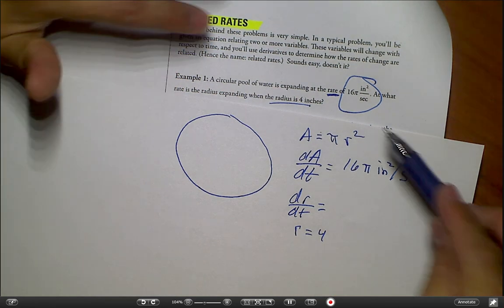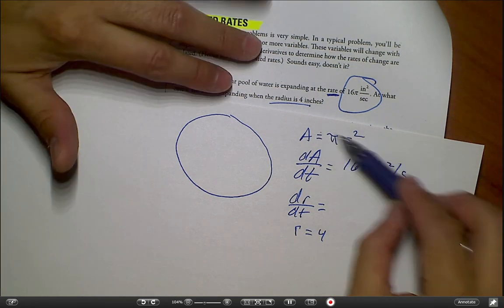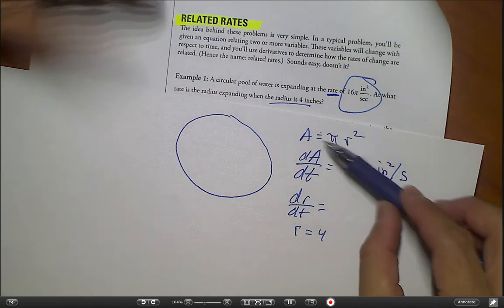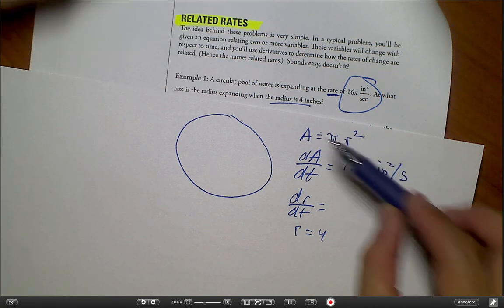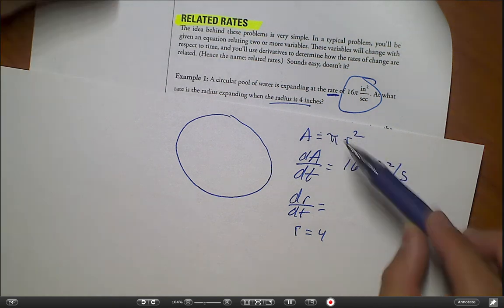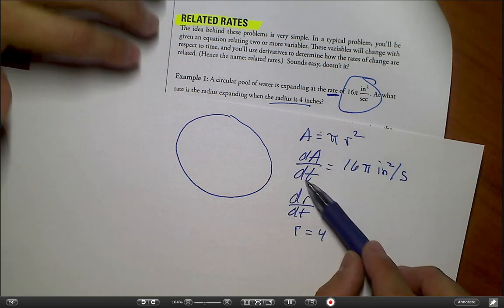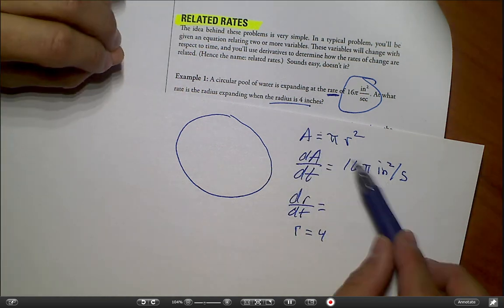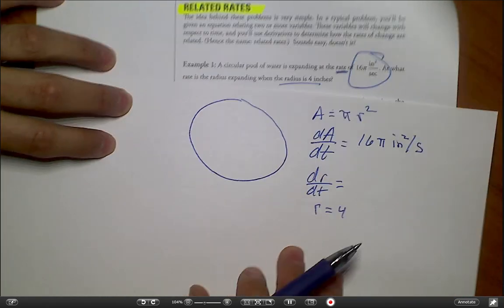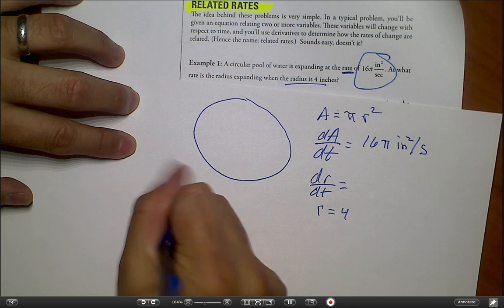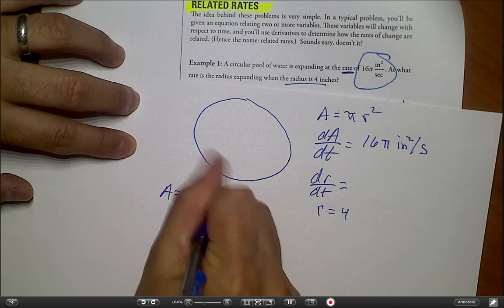So I'm going to take this bad boy right here and take the derivative of it. When I'm doing related rates, if it's a variable, every time I take the derivative of that variable, it's going to be like a dA/dt. It's some rate related to time. So I'm going to bring it down over here. Area is equal to pi r squared.